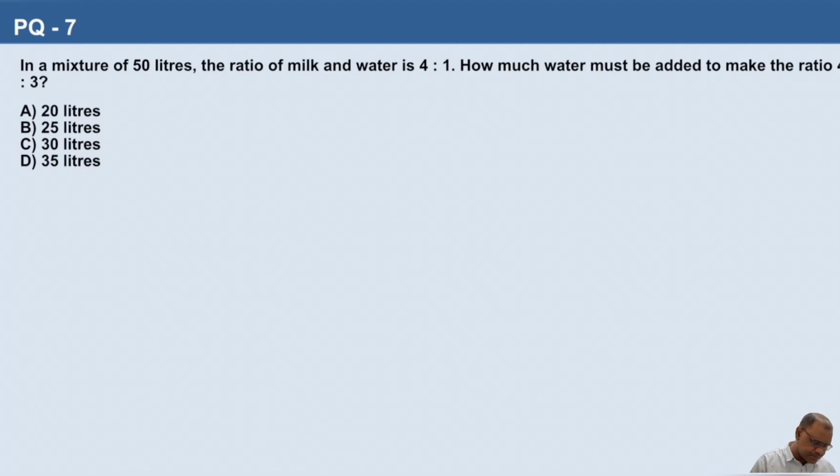So initial ratio of milk and water is 4:1, and final is 4:3.